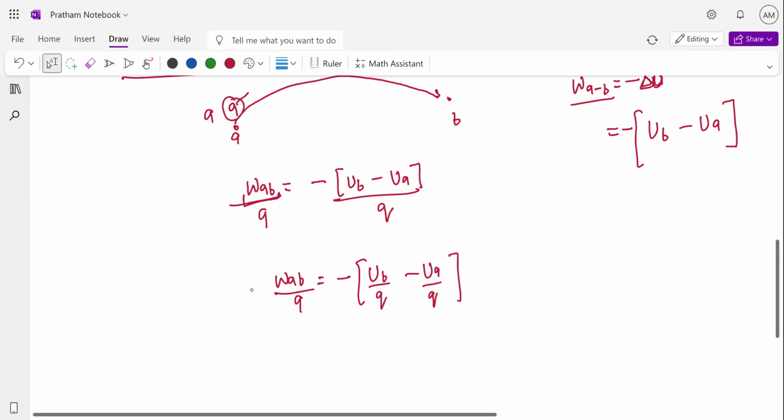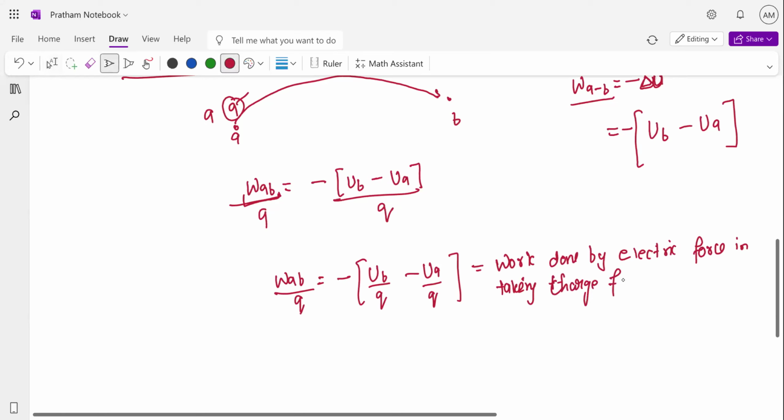Now W_AB by q is nothing but the work done by electric force in taking a charge from A to B, the work done by electric force per unit charge. I'm directly writing A to B.